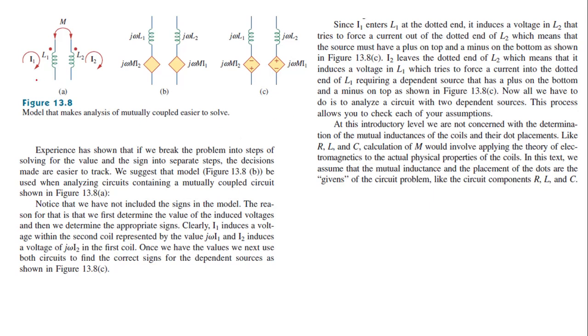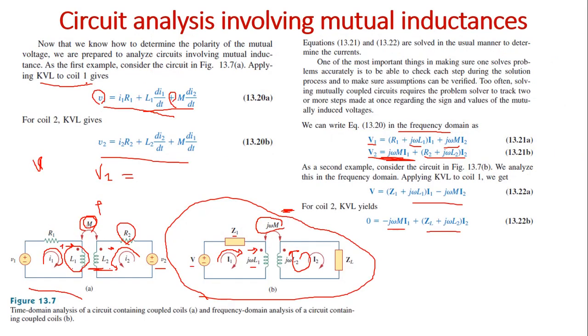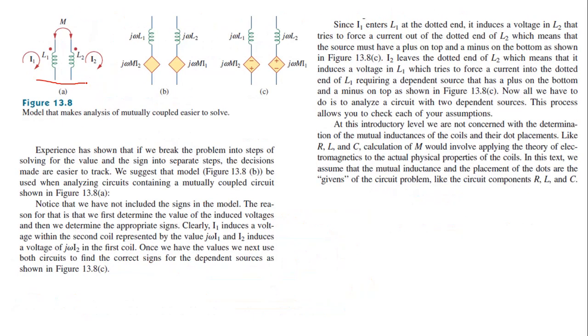Okay, so this is the circuit which is given in the first part of the circuit, right? So in coil 1 the current I1 enters the dotted terminal, and in coil 2 the current I2 leaves the dotted terminal.